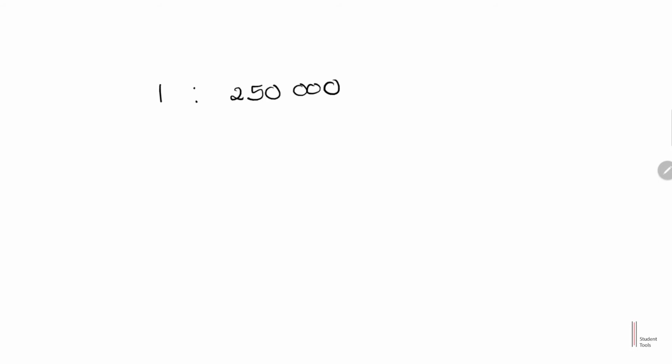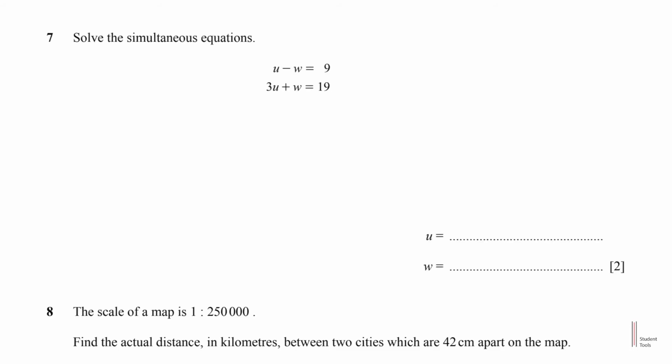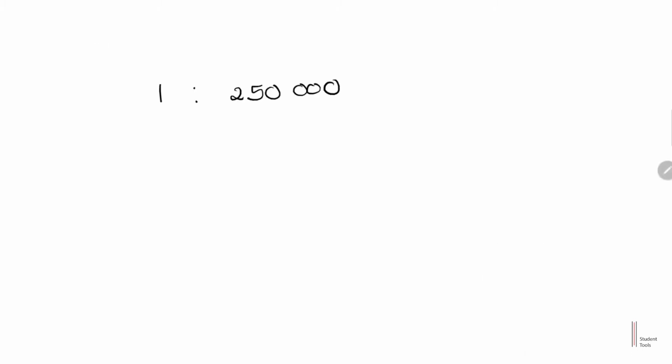Find the actual distance in kilometers between two cities which are 42 centimeters apart on the map. So on the scale, 1 centimeter represents 250,000 centimeters on length, or the actual distance. So we want to find the actual distance of a 42 centimeter representation on a map.